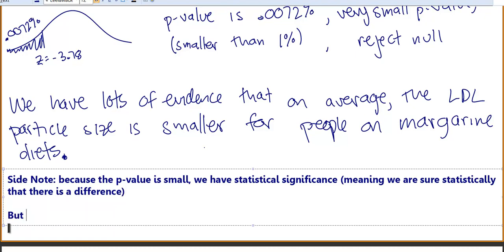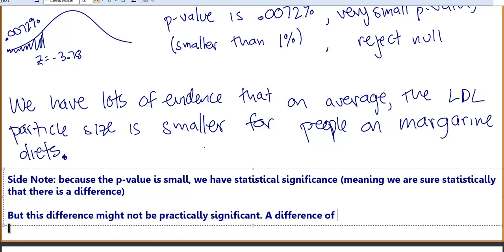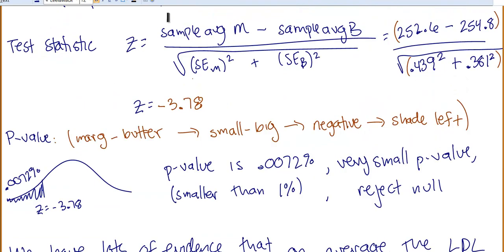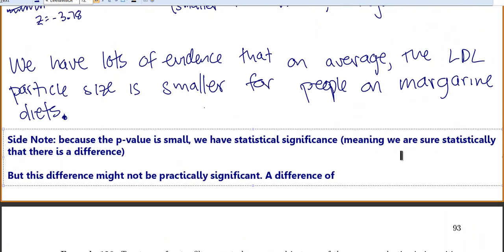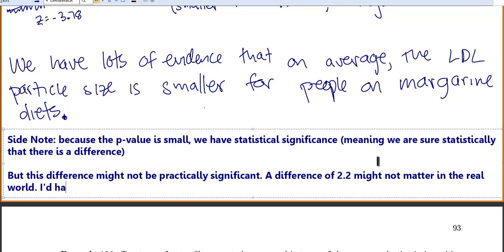But this difference might not be practically significant. So what was the specific difference? 252.6 minus 254.8, that's a difference of 2.2. So a difference of 2.2 might not matter in the real world. I'd have to ask a doctor.